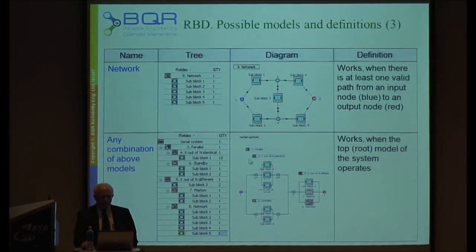For example, this is a k out of n. This is a parallel, and those three, this and this one, are connected in parallel also. And this is a k out of n, 8 out of 16, where every assembly is different. If you remember, I told you about k out of n where the assemblies have the same failure rate. Here, the failure rate is not the same.